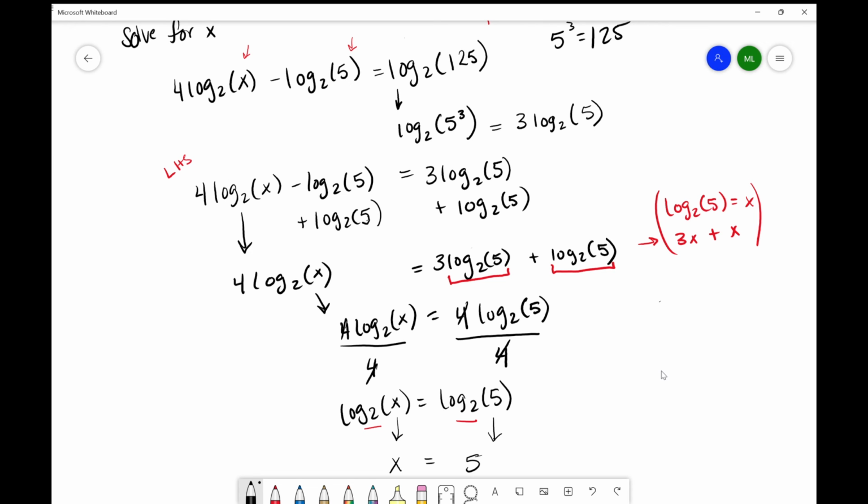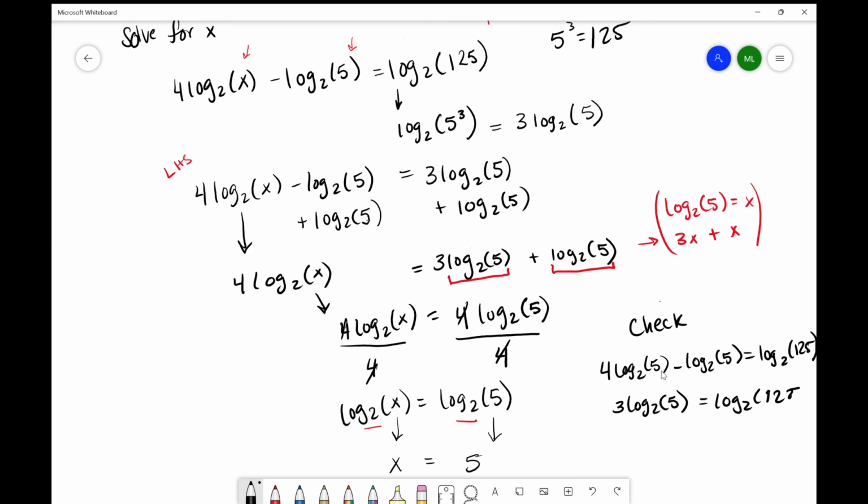And then finally we can go ahead and check real quick. Does it match? So I have 4 log base 2 of 5 minus log base 2 of 5. Does it equal log base 2 of 125? This is the same thing as saying 3 log base 2 of 5, applying the same rules as I did up there, is equal to log base 2 of 125.